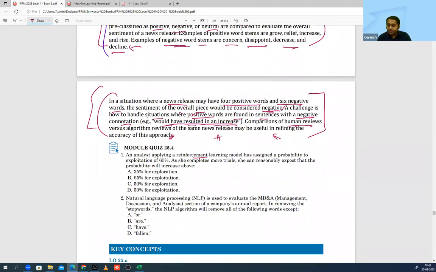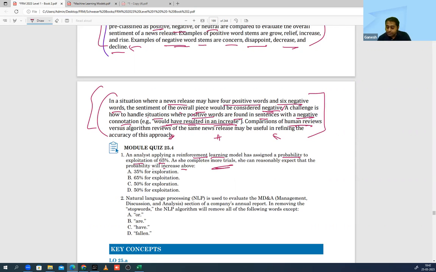Let us go to this question. Analyst is applying a reinforcement model and assigned a probability of exploitation as 65%. So exploration क्या होगा? 35 पक्का? Expect the probability will increase above... अच्छा मैंने पूरा नहीं पढ़ा था, sorry.